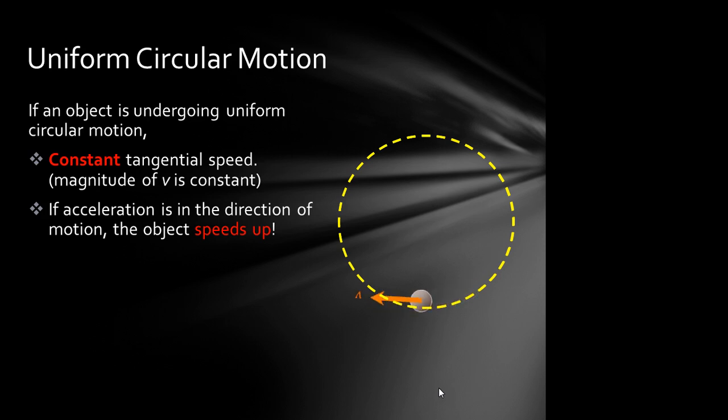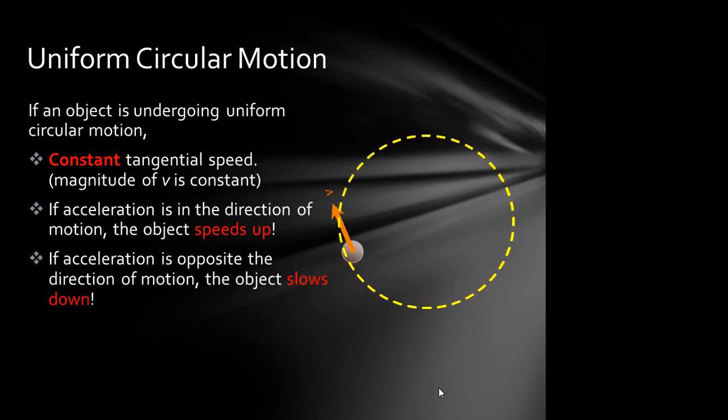We now need to decide what the acceleration is going to be like. If the acceleration were in the same direction as the motion of the object, this object would speed up. But if it speeds up, it's not uniform circular motion. So it can't be in the direction of motion of the object. It can be opposite as well, because if it's opposite, it will slow down.